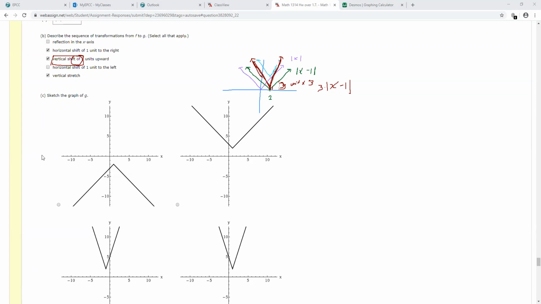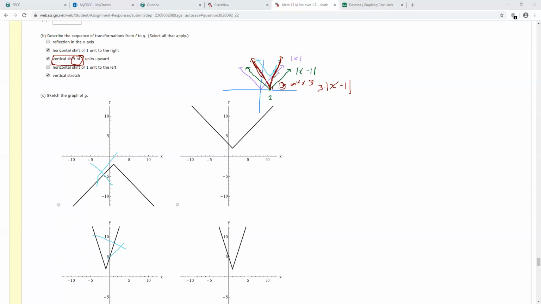Correct. That would be if you reflected it over the x-axis. So that's not right. Could it be this one? No, because that was moved to the left. So that's out. So one of these two.